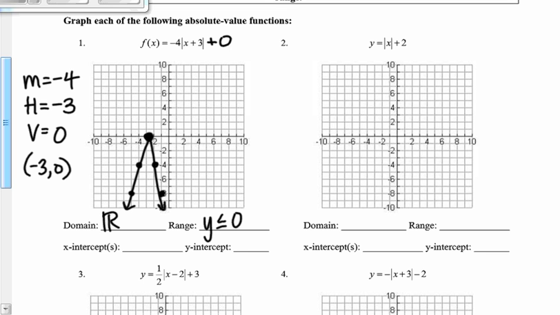X-intercept, the vertex is the x-intercept, so at -3, 0. I haven't plotted the y-intercept, but I could calculate where it's going to be, because if I take this point here and go down 4 over 1 more, that would be on the y-axis at the y value of -12.